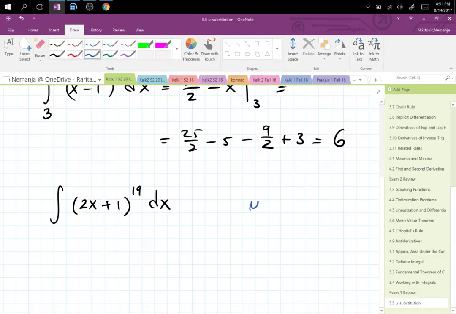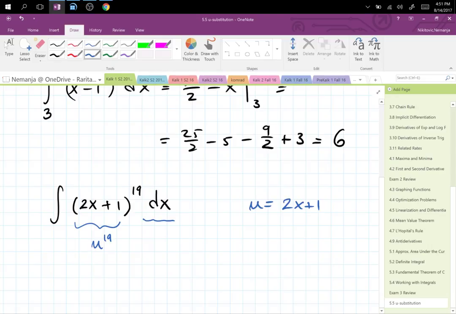So that's where we get the method. We are replacing this 2x plus 1 with u. And now we are changing the domain from domain x into domain u. So all of this becomes u to the 19. The problem is this dx. We have to have du.